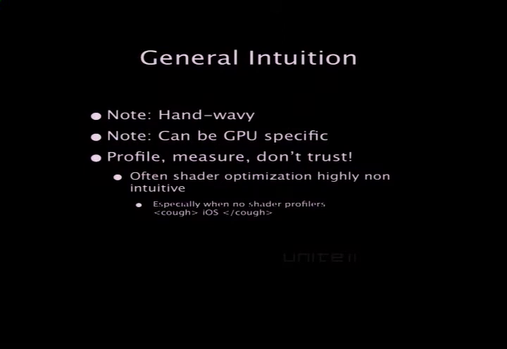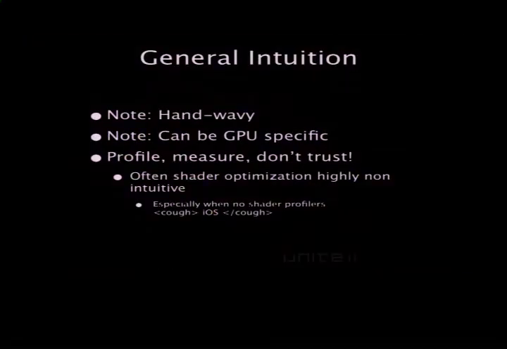The general intuition of how to optimize shaders is sometimes not intuitive. So I'm going to give some rules of thumb, but I sometimes find that these rules of thumb do not apply.